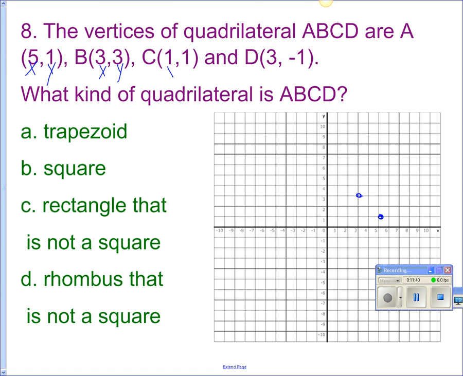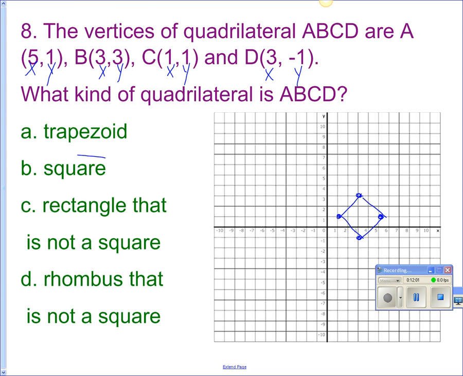And then (1, 1), over 1 and up 1. And then (3, negative 1), so I'd go to 3 on the X, 1, 2, 3, and then down 1. Okay.